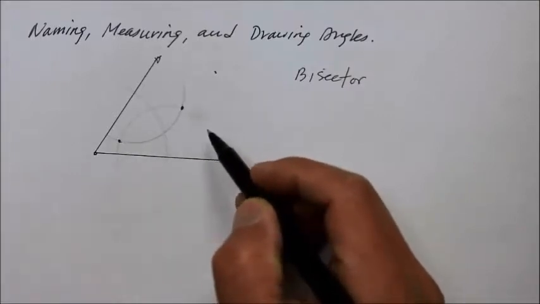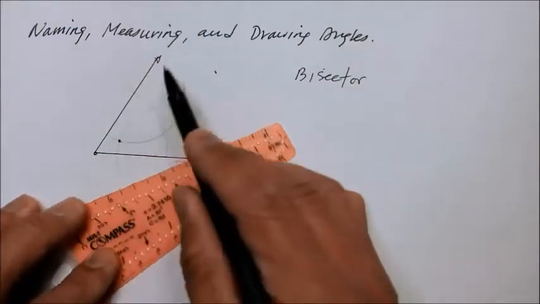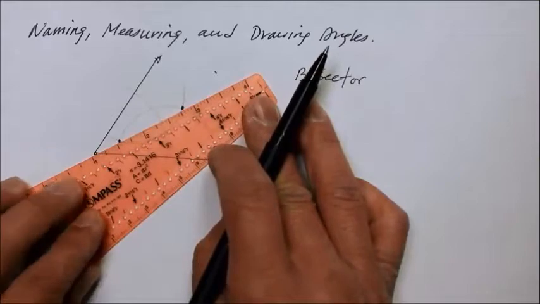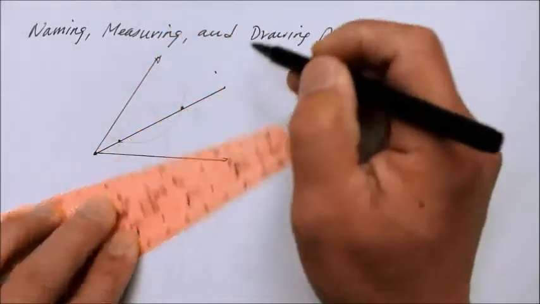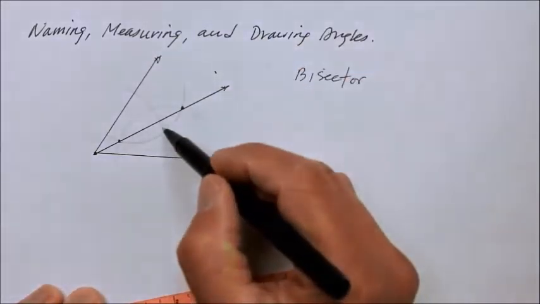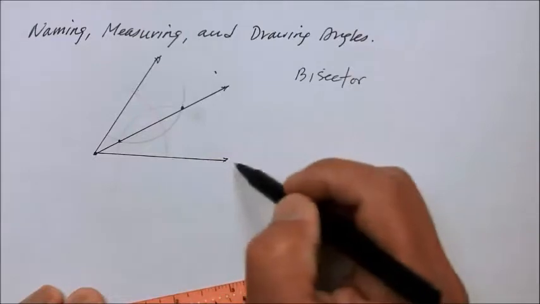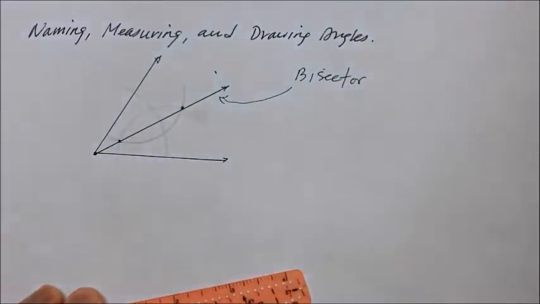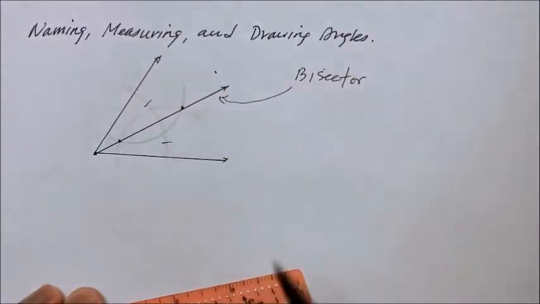So what you do is you take a ruler, straight edge, and starting from the vertex of the two rays, you draw a line through those 2 points of intersection of the two arcs. What you end up with is an exact halfway between this side and this side of this angle. And therefore, this is now the bisector. Cool, huh? And the angle here is the same as angle there.